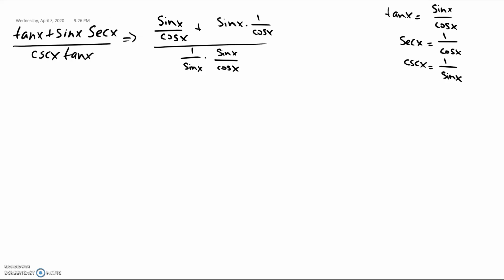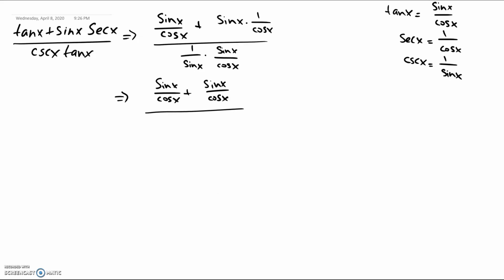In the numerator you can rearrange and write it in this way: sine x over cos x plus sine x over cos x. Over the denominator, now look, sine x and sine x will cancel out each other and you will be left with only 1 over cos x.